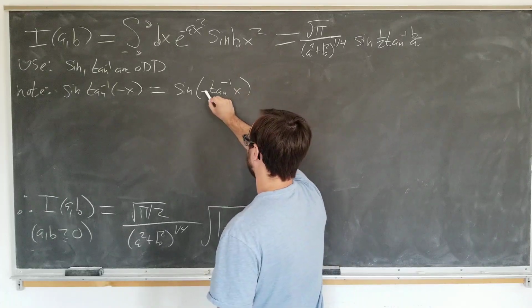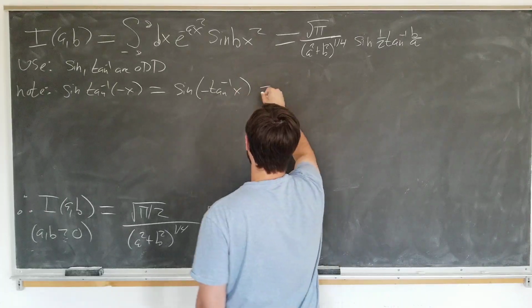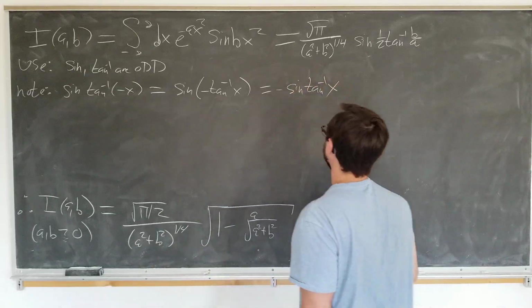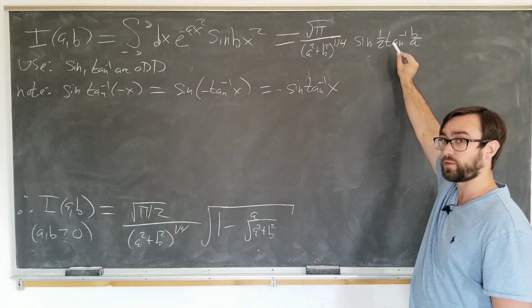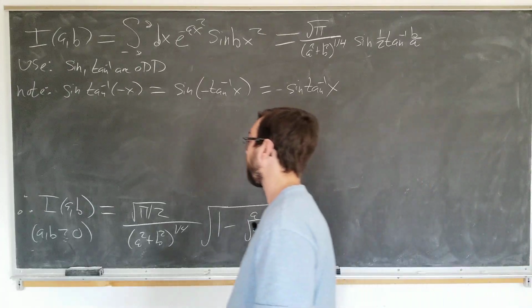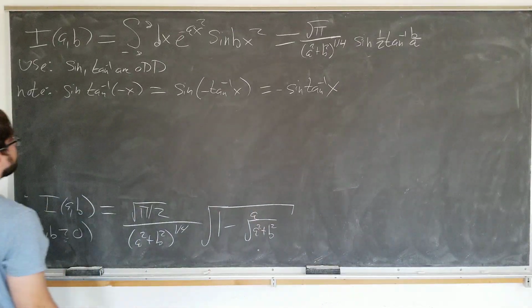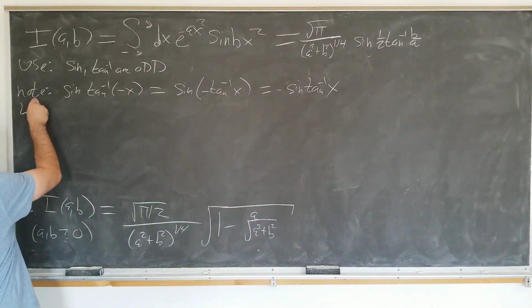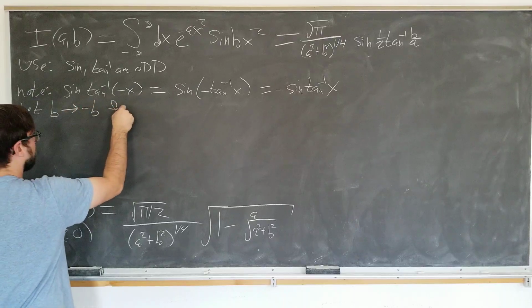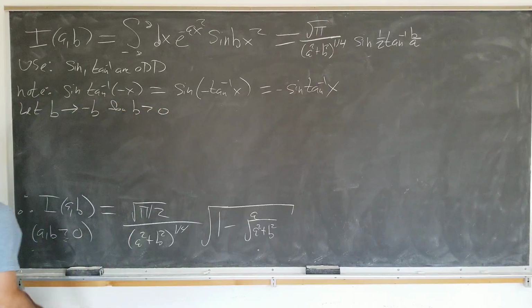And now we can put the minus sign outside there as well. And now we're going to go back to our first formulation to look at the b arbitrary situation. So now we're going to let b go to minus b, for b greater than 0.